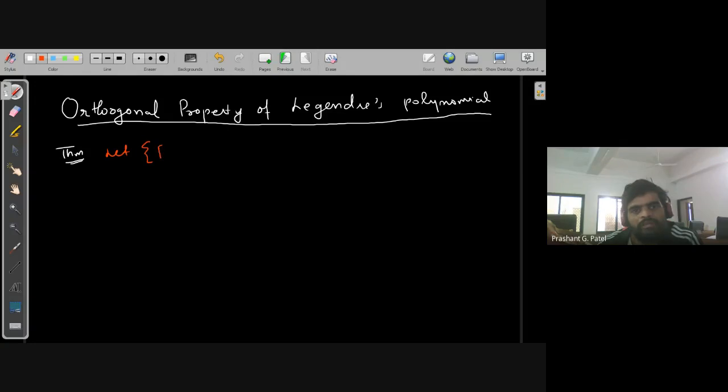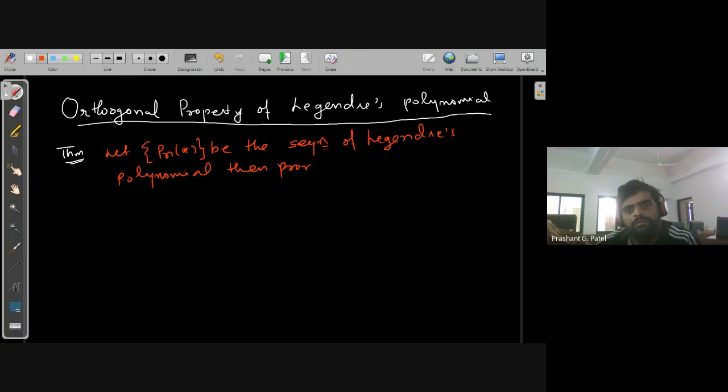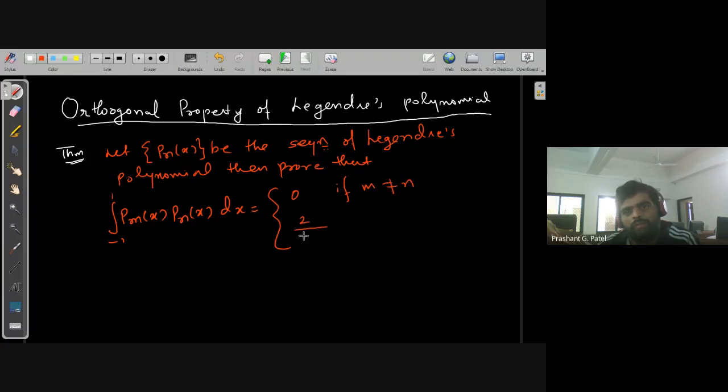The statement I can write down as: let Pn of x be the sequence of Legendre polynomial, then prove that the integration from -1 to 1 of Pm of x into Pn of x dx is 0 if m is not equal to n, and 2 upon 2n plus 1 if m is equal to n.